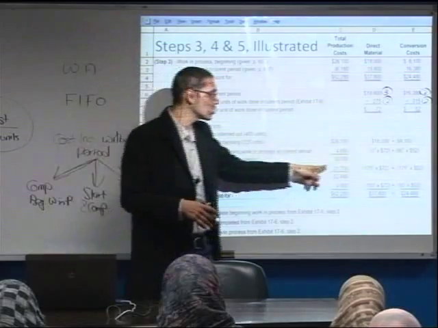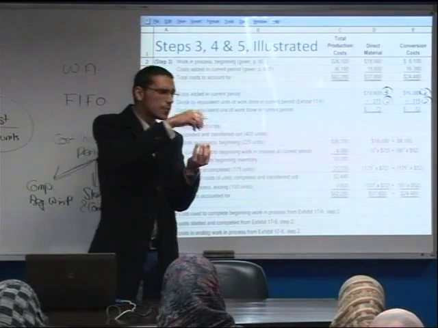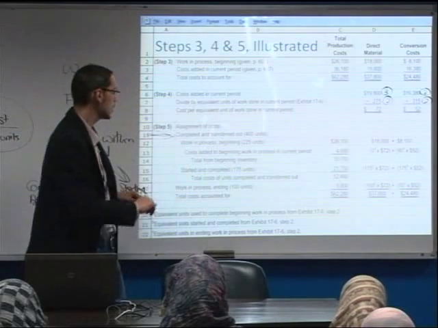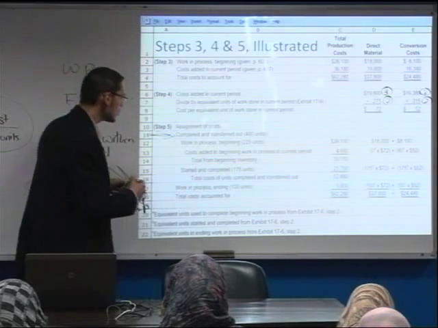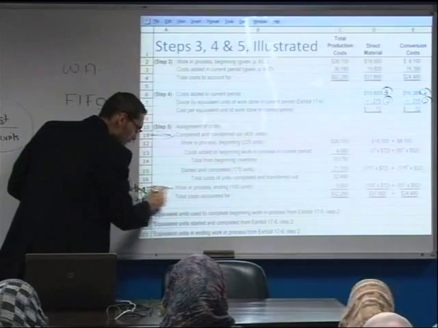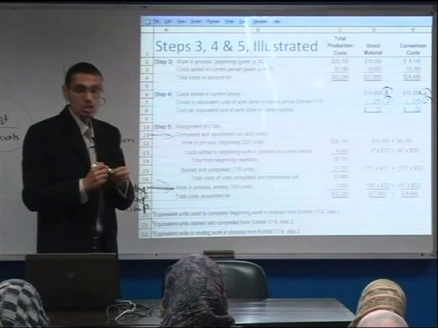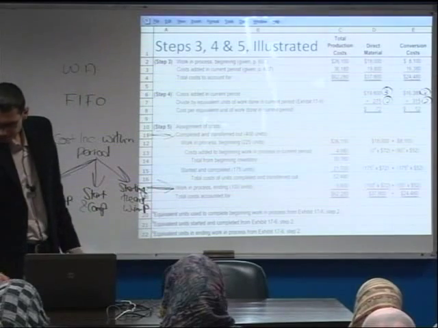These are the costs that will be transferred from the assembly department to the testing department. Now, this is the second category, as we can see here, which is the work in process ending, which is of course 100 units.